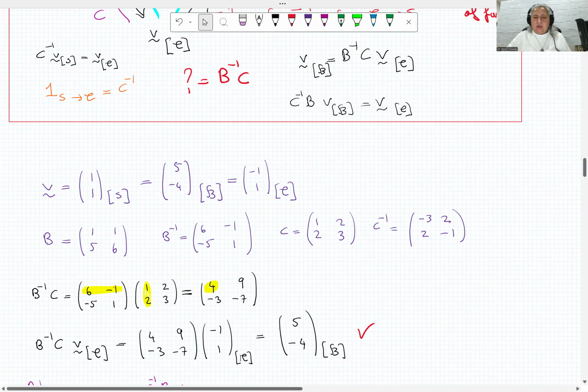If you multiply these two, 4 times minus 1 is minus 4 plus 9, it will be 5. Minus 3 times minus 1 will be 3, minus 7 will be minus 4. Done. And this was exactly the coordinate vector with respect to B.